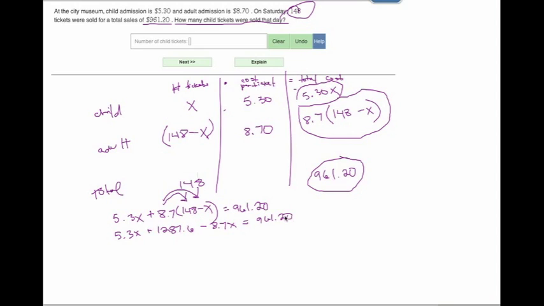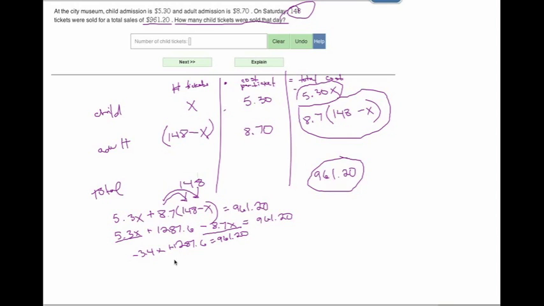equals 961.20. Now we can combine like terms on the left side. 5.3x minus 8.7x equals negative 3.4x plus 1287.6 equals 961.20.